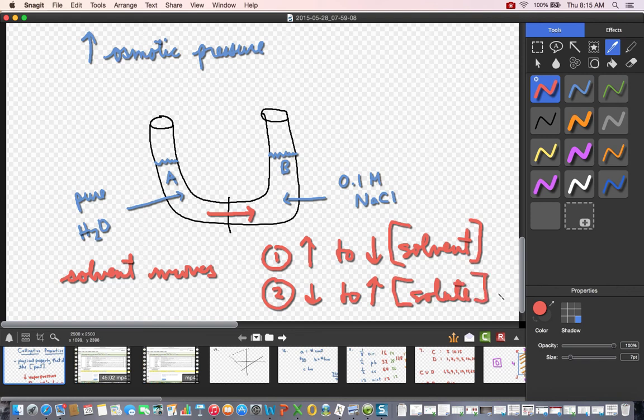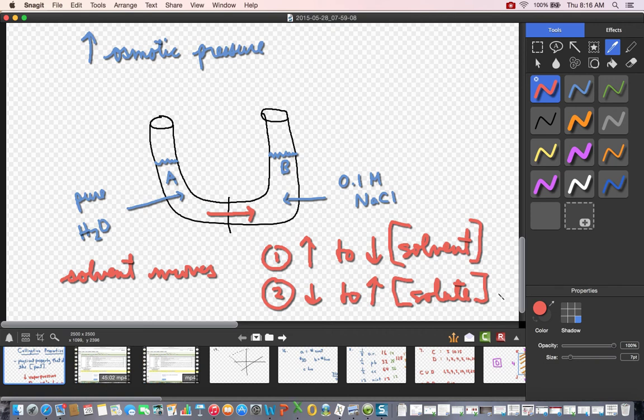The important criteria is solute does not undergo osmosis. Water does undergo osmosis. It's the movement of solvent, not the movement of solute. There are some caveats to this. The DAT nor the PCAT will never capitalize on these caveats.